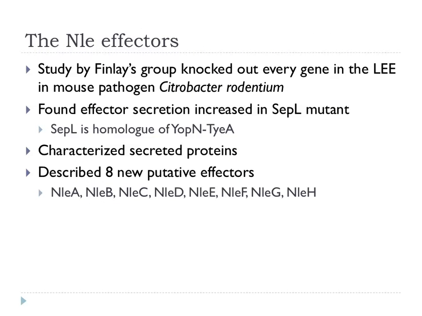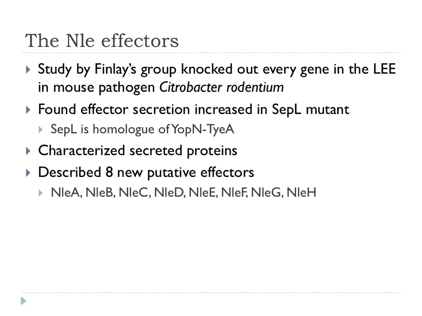What he did was he knocked out every gene in the LEE in that mouse pathogen. I mentioned YopN-TyeA earlier. What he found was that there was the equivalent of this thing called SepL in the LEE, which was acting as the gatekeeper. If you knocked out that gatekeeper, the bacteria, which normally would not secrete effectors into the supernatant, normally just secrete the translocators, EspB and EspD.